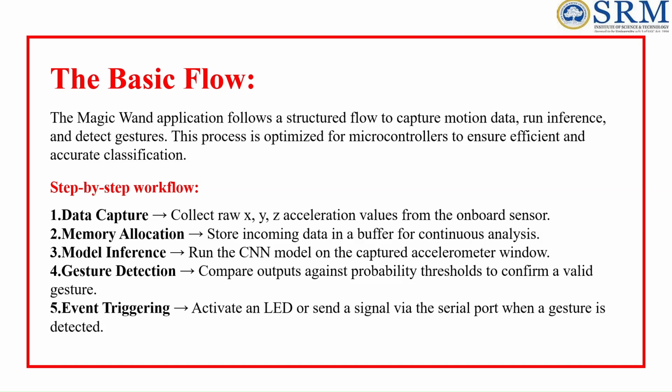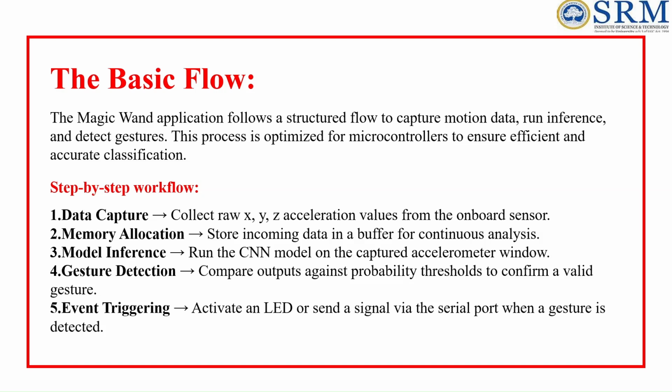So, to wrap up this section, we have seen how the Magic Wand project is designed, the technology behind it, the workflow of data capture and inference, and also the individual components that make it function. You can now see the complete picture. A sensor captures motion, then a deep learning model interprets it, and the system provides real-time feedback.